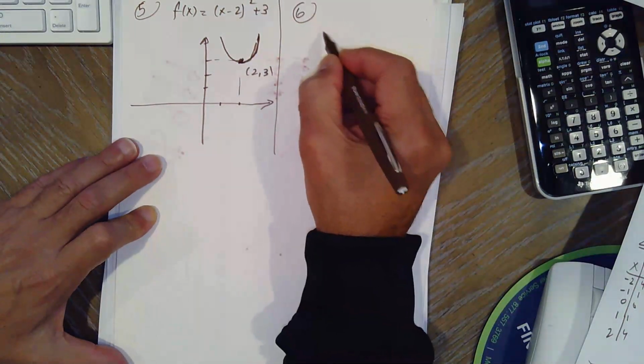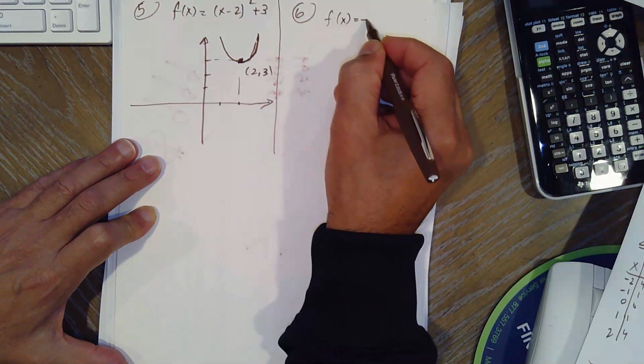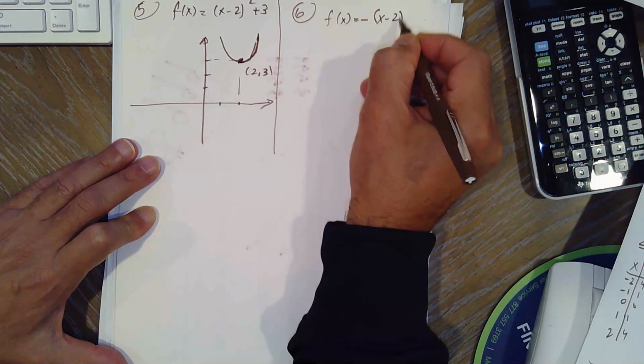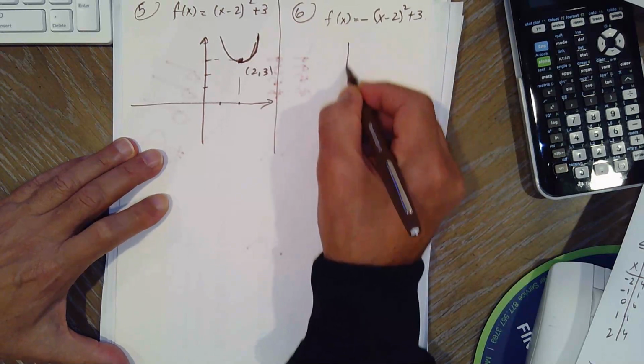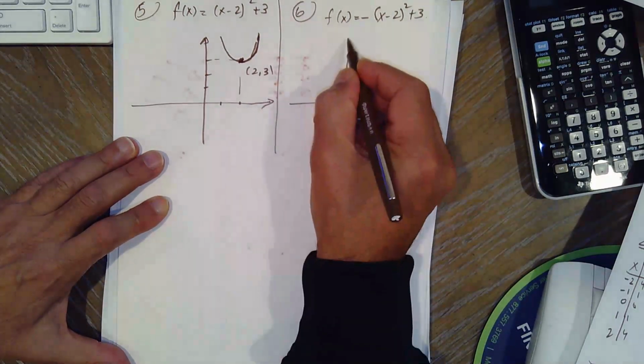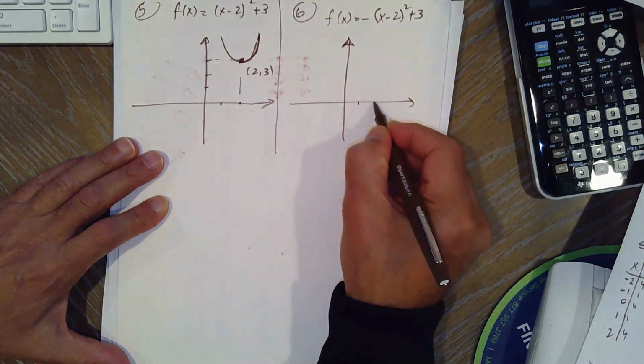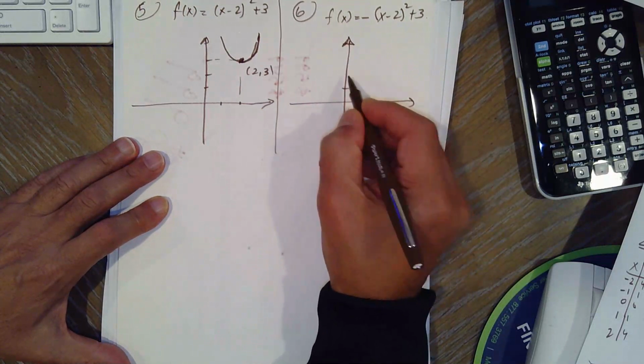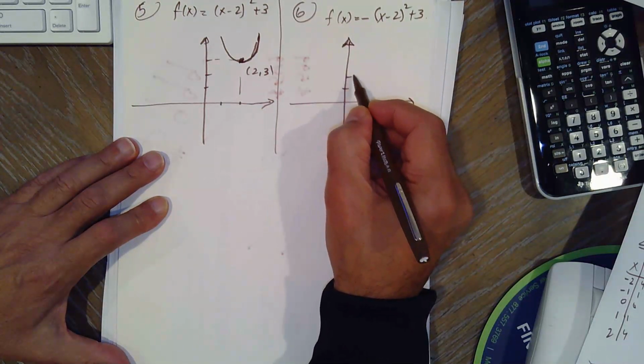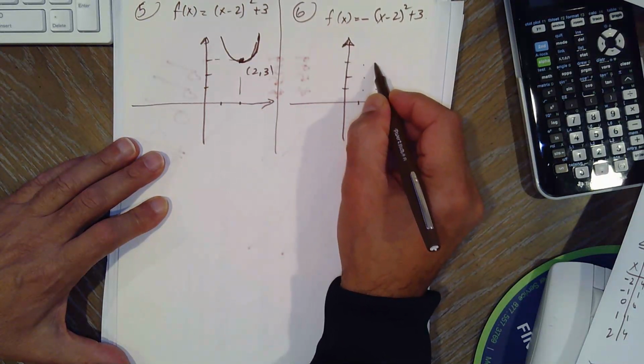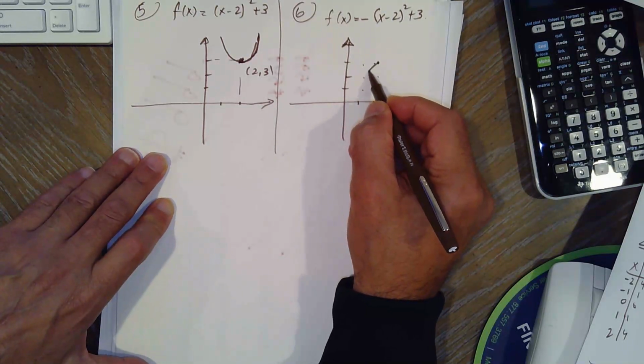And if you want to do f of x equals negative x minus 2 squared plus 3, that's going to shift 2 units to the right, flip it, and then up 3. So it'll be upside down.